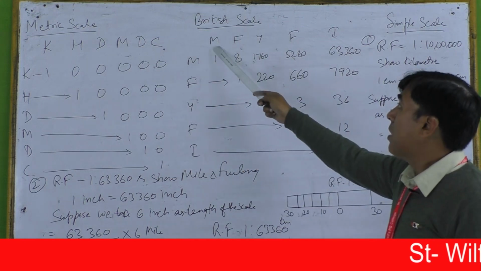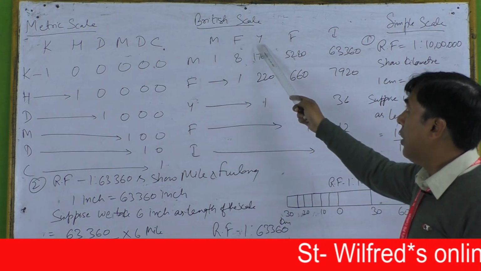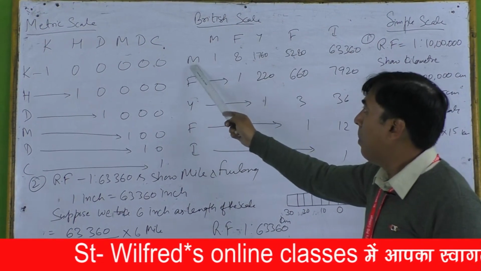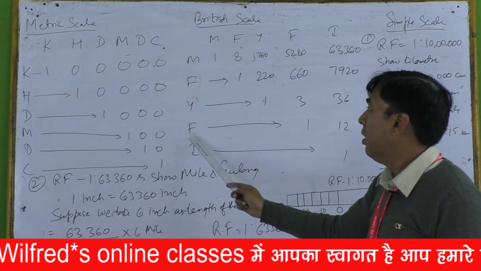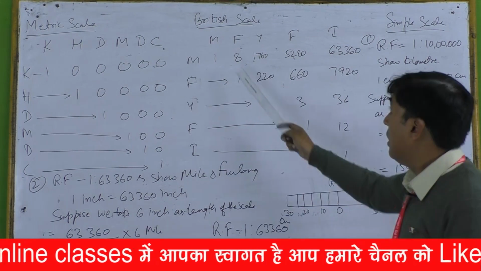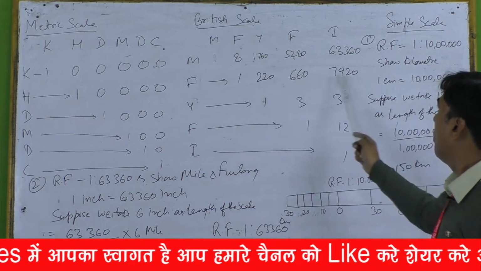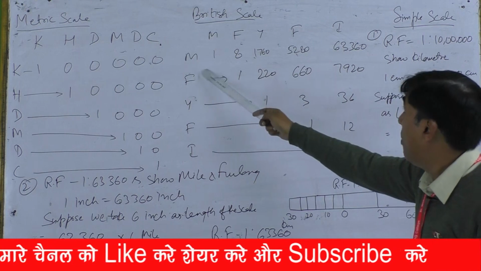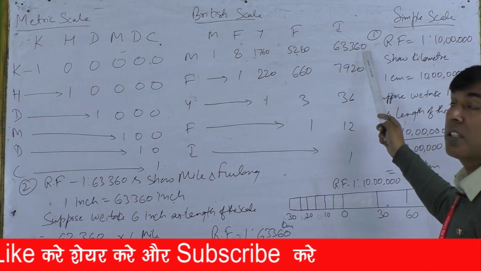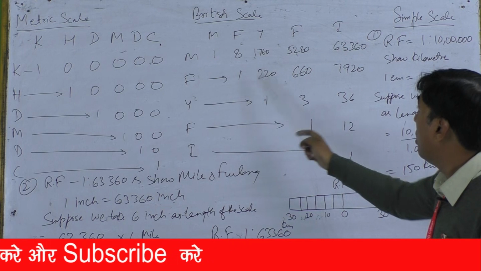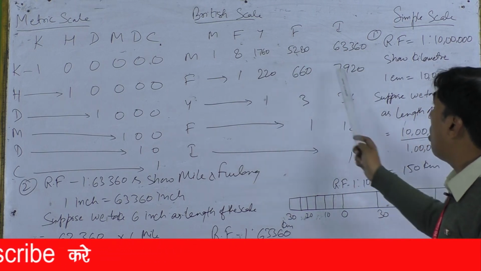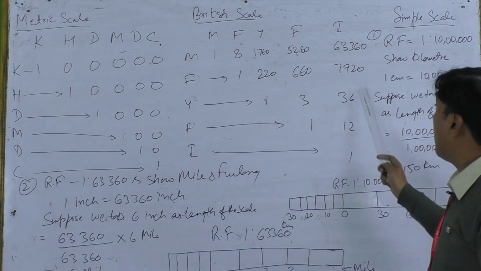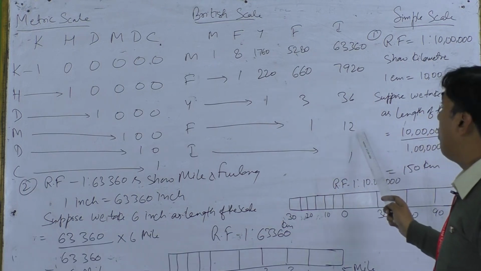Like M stands for mile, then furlong, yard, feet and inches. Same thing here: mile, furlong, yard, feet and inches. These are the values. In 1 mile, 63,360 inches. In 1 furlong, 7,920 inches. In 1 yard, 36 inches. In 1 feet, 12 inches.